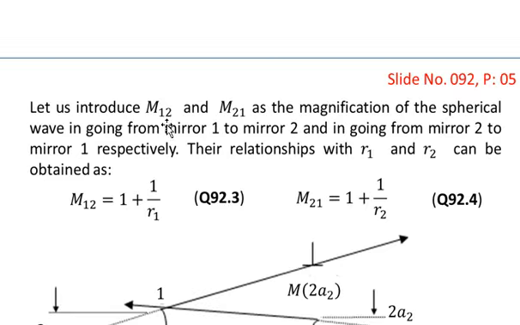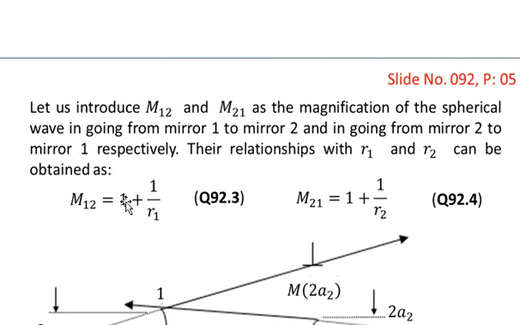Let us introduce M12 and M21 as the magnification of the spherical waves in going from mirror 1 to 2 and in going from mirror 2 to 1 respectively. Their relationship with R1 and R2 can be obtained as M12 is equal to 1 plus 1 over R1 and M21 is equal to 1 plus 1 over R2.